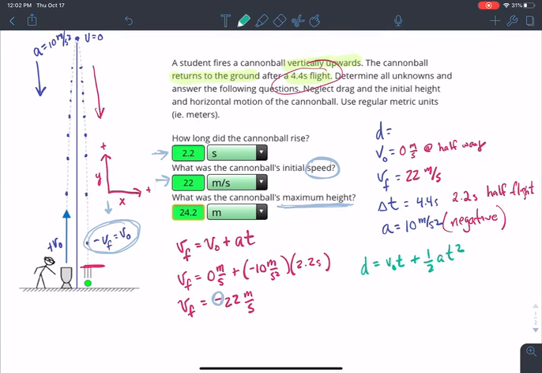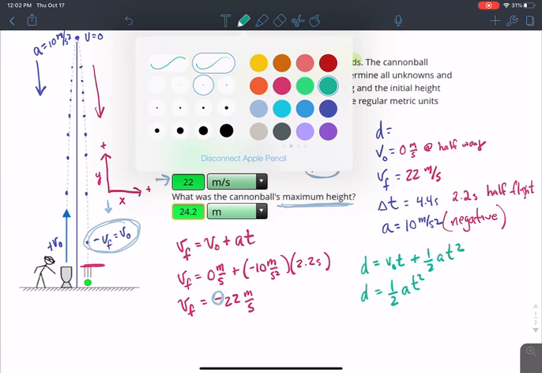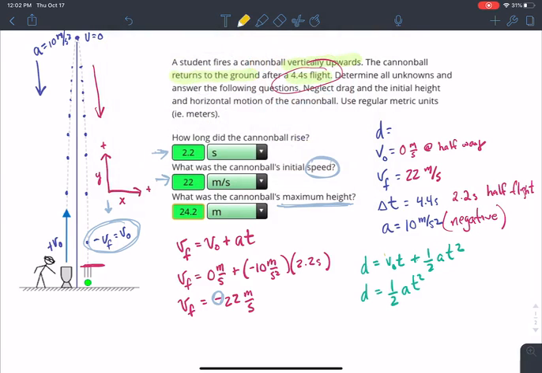So if we think about the original velocity from the top of the parabola as 0, we can rewrite this equation as 1/2 at squared, because this whole expression will cancel out. So this only works when our initial velocity is 0. Now, given that, we can figure out the distance it traveled under that acceleration for the same time interval.